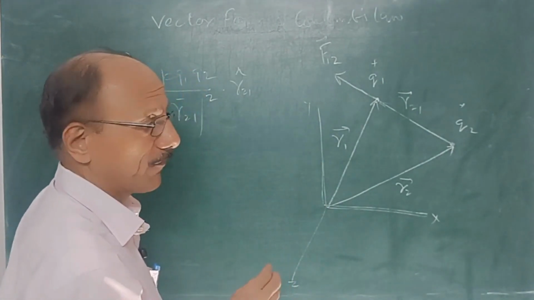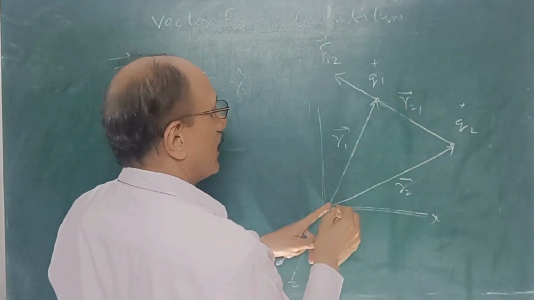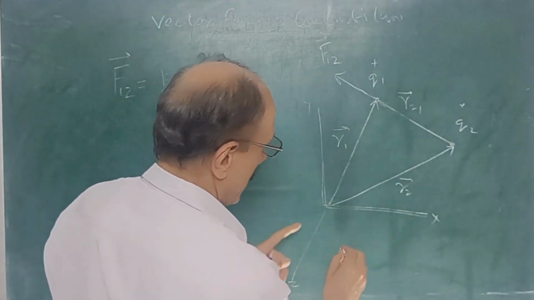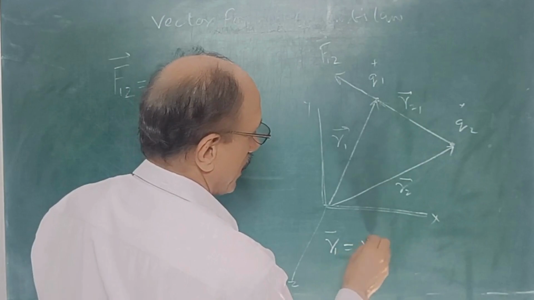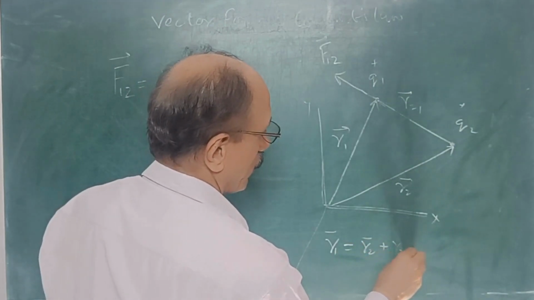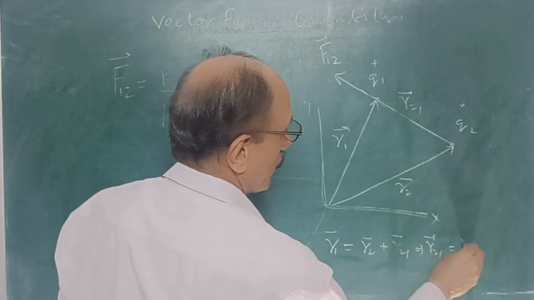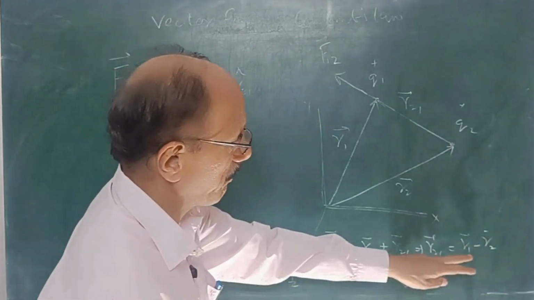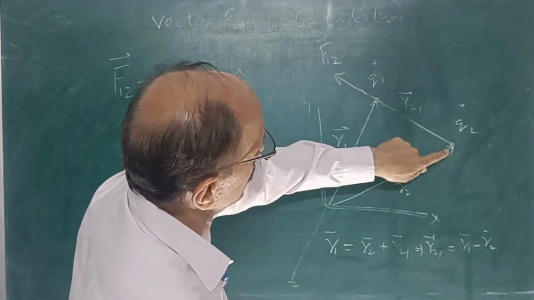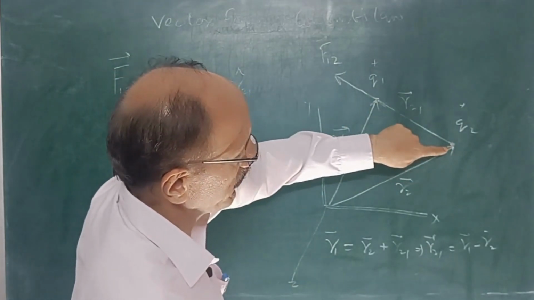According to the triangle law of vector addition, this vector plus this vector is equal to this vector. That means R1 vector equals R2 vector plus R21 vector. That means R21 vector will be equal to R1 vector minus R2 vector. That means tip minus tail. The tip of this vector is R1 minus the tail, the position vector R2.